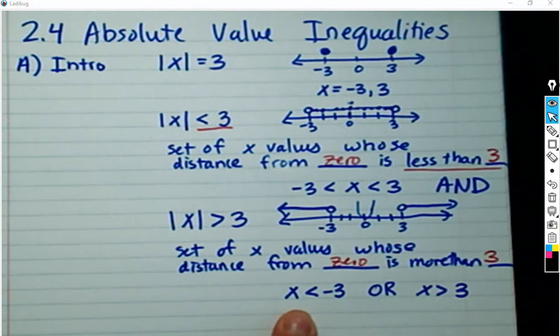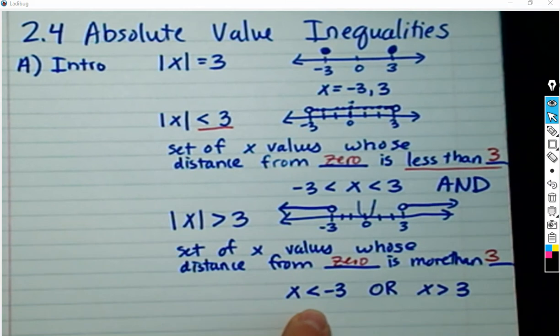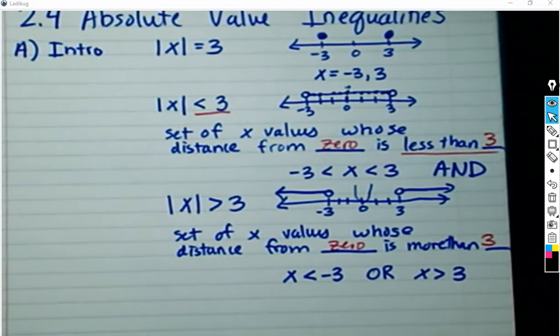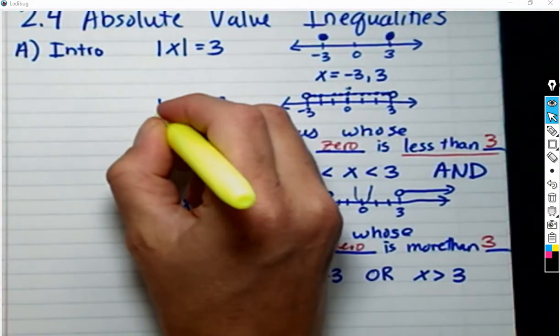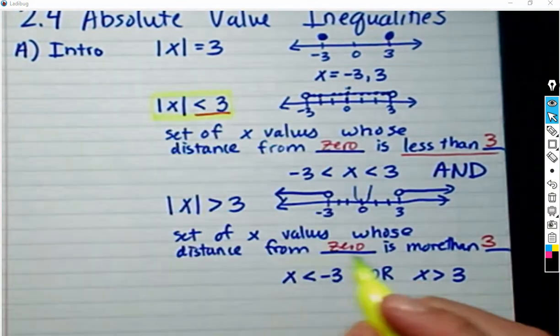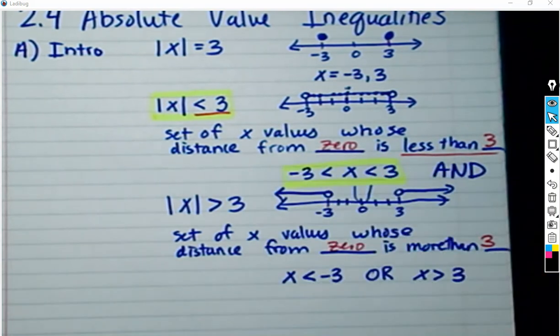Notice that this one's kind of tricky. Look at how the inequality sign changed. It changed because I had to go to the left of the number to be more than for the distance. Okay, so this is the basic understanding of what happens when we have this absolute value inequality. We have this, which turns into this.